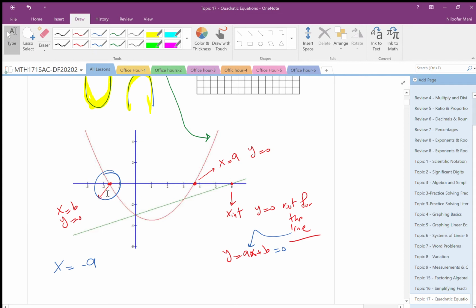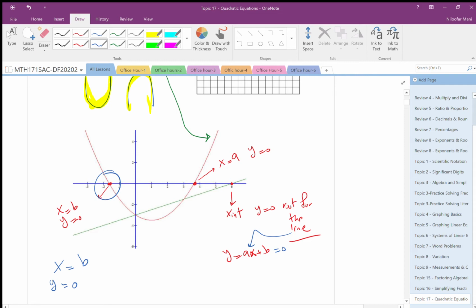At this other point, x is b and y is 0, because it's on the x-axis. For the other one as well, x is a and y is 0. For these two points y equals 0, so I am finding the roots of the function, because the equation is 0 at these two points.